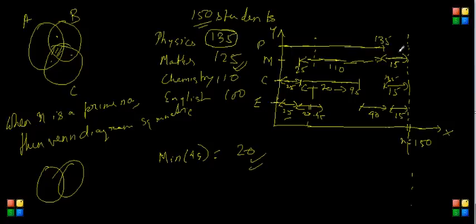So now another way of looking at the same question would be, let's say this is a, after consumption of 135 the leftover value is a, after the consumption of this entire 125 the leftover part is b, after the consumption of this part 110 this is the leftover part which is c, and after the consumption of 100 this is the leftover part which is d.